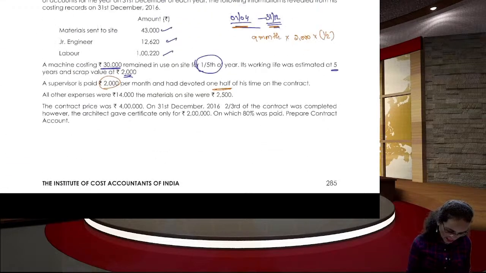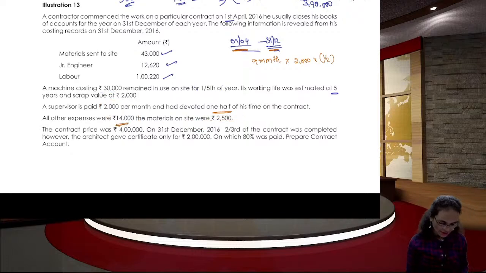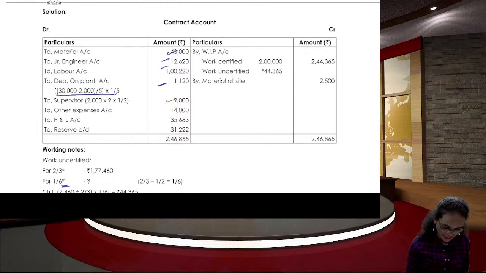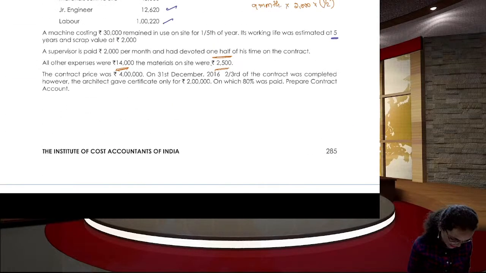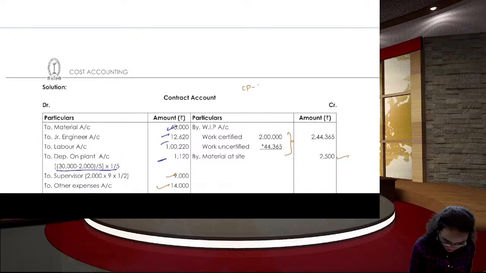You got it? And next, other expenses were 14,000 and material at site is 2,500. This one and this one we got. Work certified and uncertified, where is it? The contract price was 4 lakhs rupees. You write somewhere here, contract price 4 lakhs rupees.